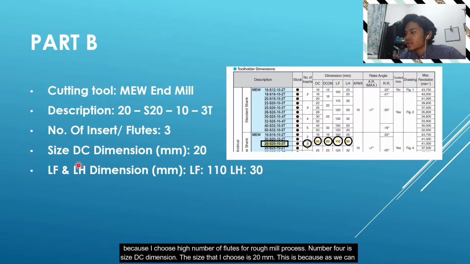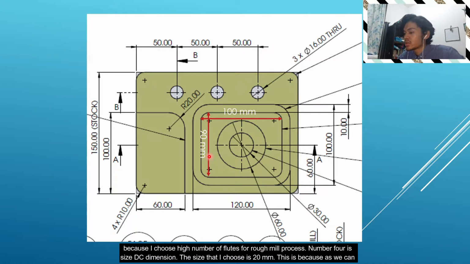And number 4 is the size, the DC dimension. The size that I choose is 20 mm. This is because, as we can see in the figure, the area for the rough mill rectangular pocket insert is 100 mm times 90 mm.